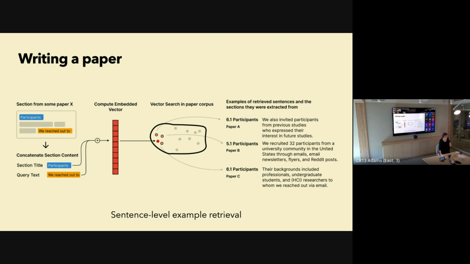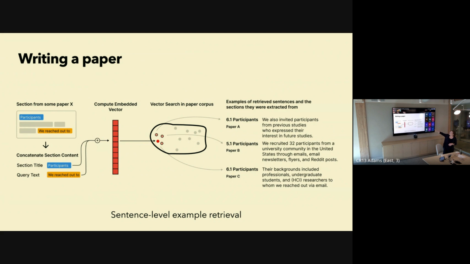So we also do this at the sentence level. So you got document level support, but also at the sentence level, we basically look at every sentence in the full text of the paper in the corpus, and we concatenate the section title with it. This is the part that I built because I usually worry about the user interface.